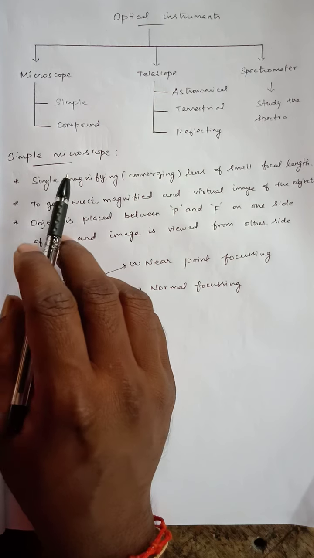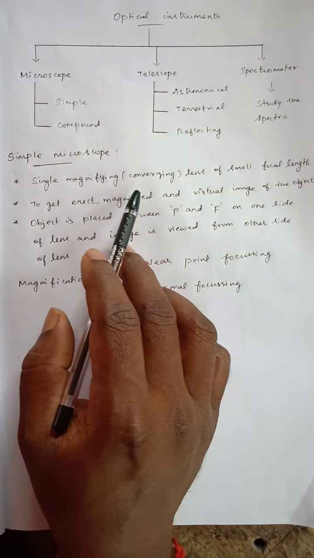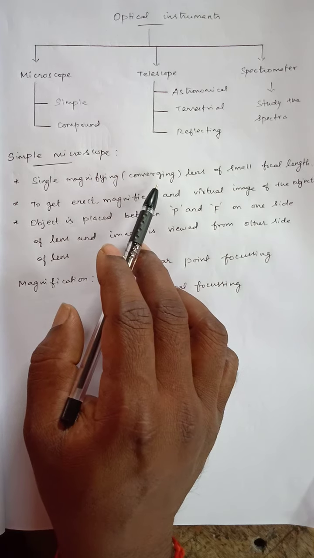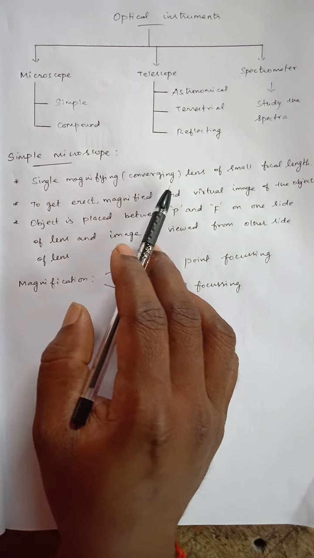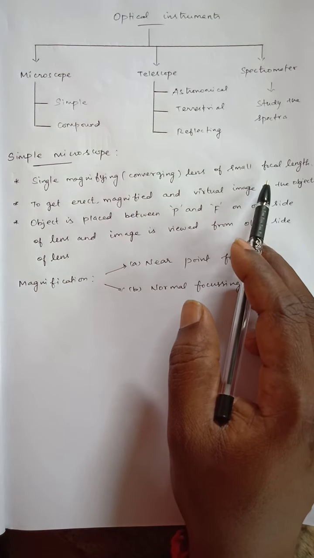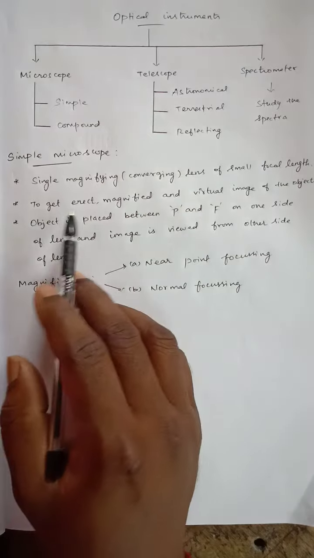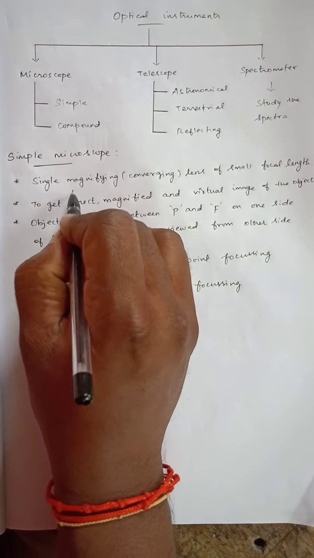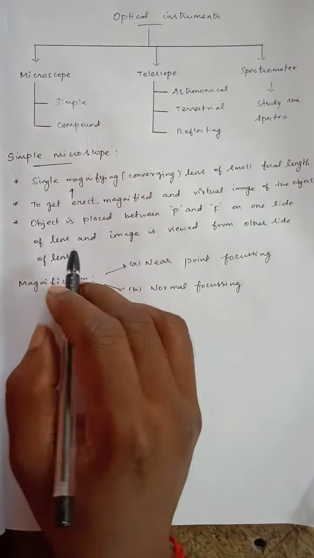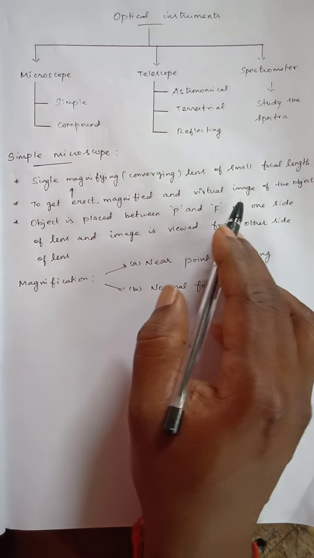In a simple microscope, we use a single magnifying lens, such as a convergent lens, meaning a convex lens, of small focal length, which means it is thinner in size. We get an erect, meaning straight and vertical, magnified and virtual image.